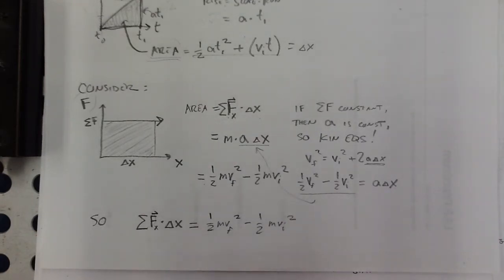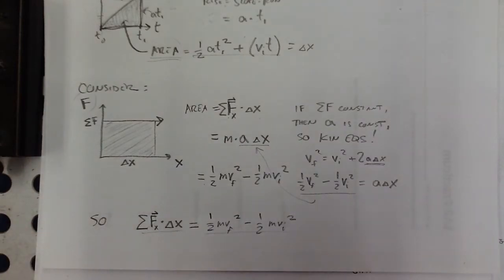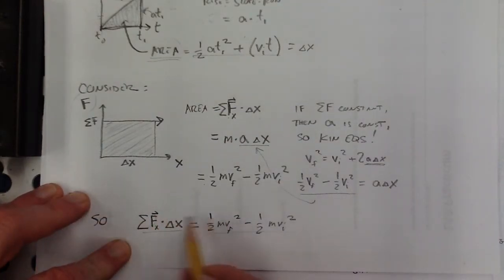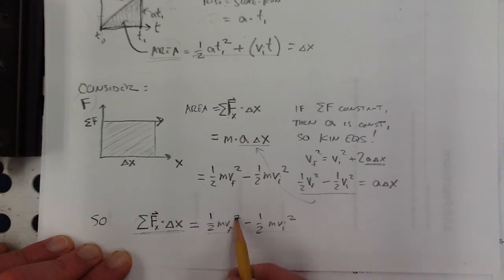Now, what we do in a situation like this, there's a lot of suggestion here that we should be open to. This equation right here is telling us that if you have an unbalanced force that acts on an object through some displacement, and you take that unbalanced force and multiply it by the displacement, you get something that's equal to this quantity, 1/2 m Vf squared minus 1/2 m Vi squared.